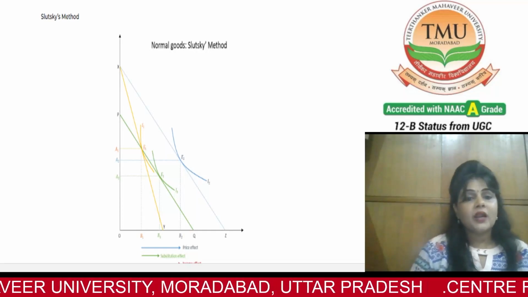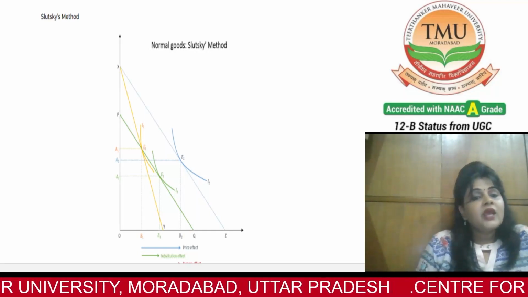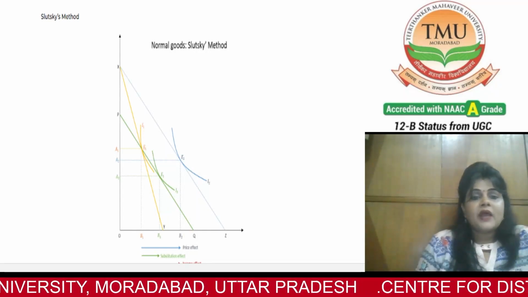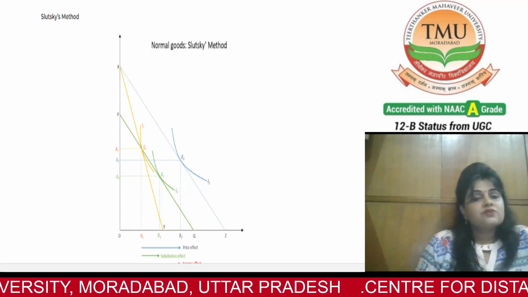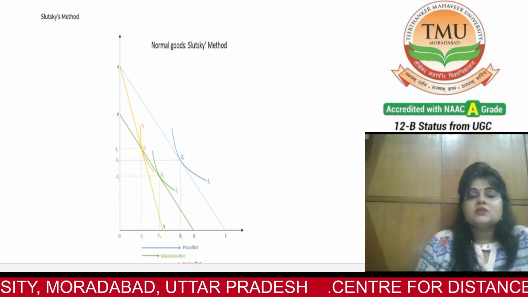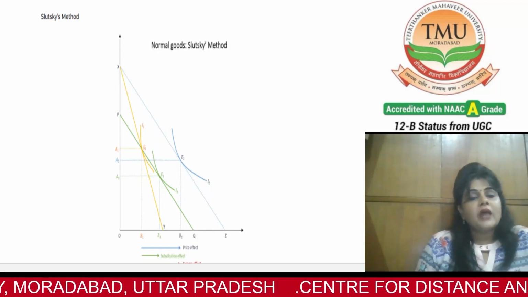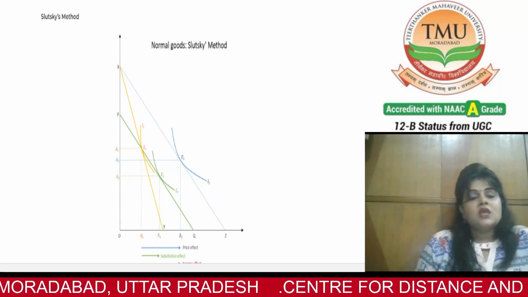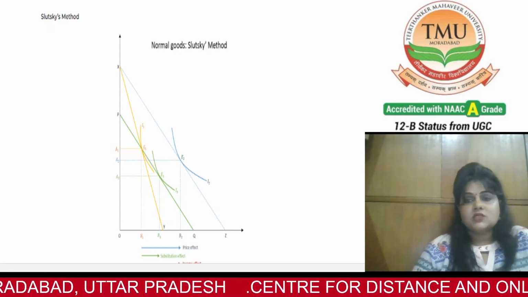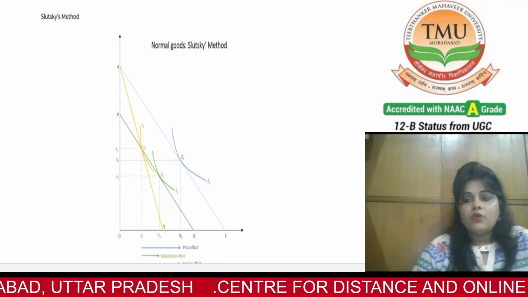The Slutsky compensated demand curve explains the price effect by taking the real income of the consumer as constant. As the price of good X falls, the income of the consumer rises, but it is adjusted in such a way that the amount of good X consumed is the same as before, so his real income remains constant. I hope you have understood well.